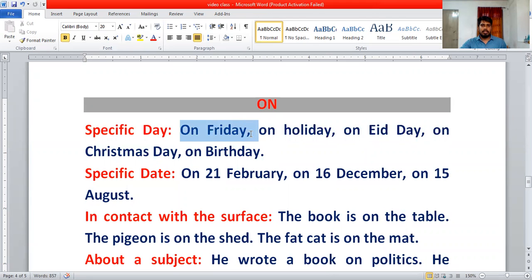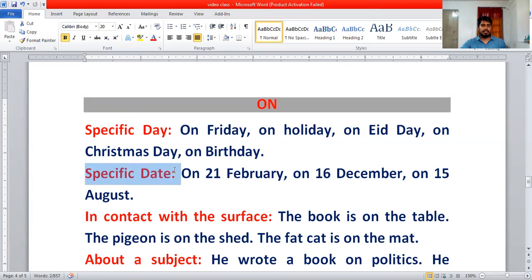Our school remains closed on Friday. We enjoy a lot on holiday. I got a lot of gifts on my birthday. So to suggest a specific day, we have to use the preposition on.